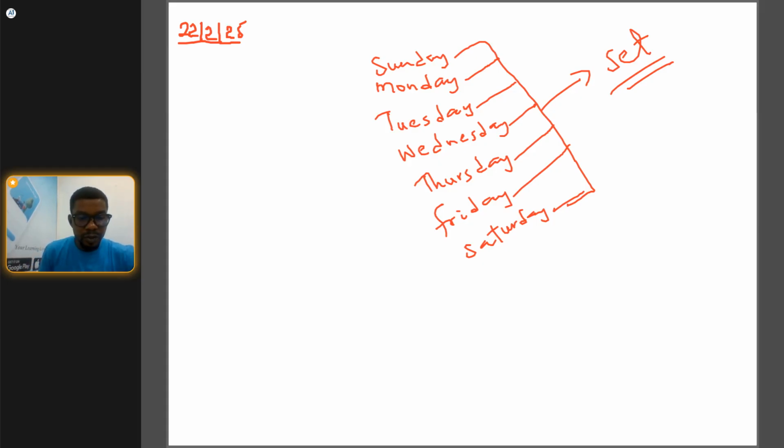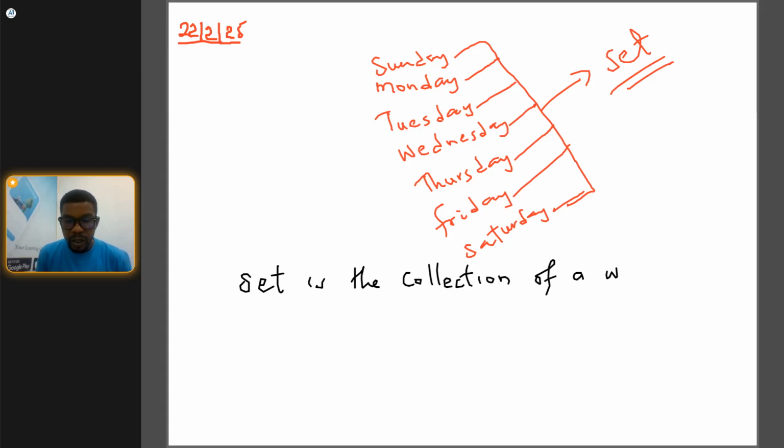So let's define what a set is. It says: set is the collection of a well-defined object.